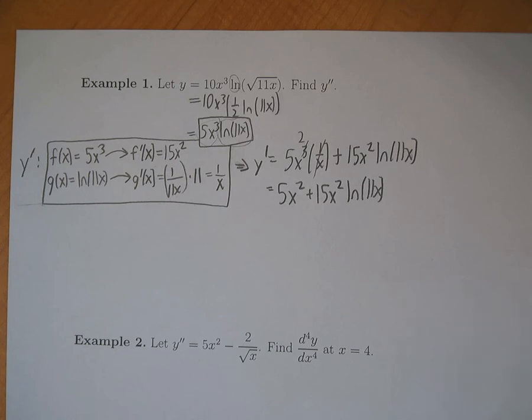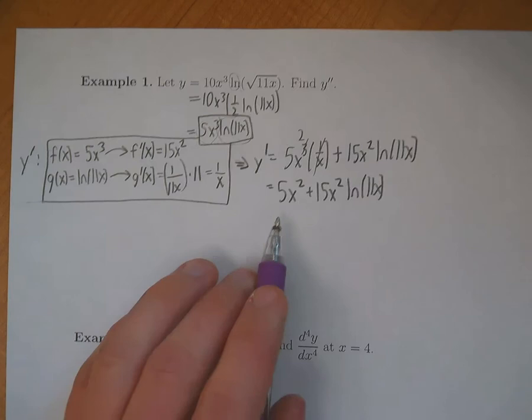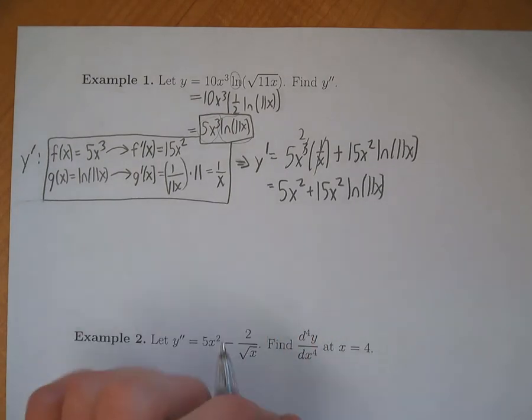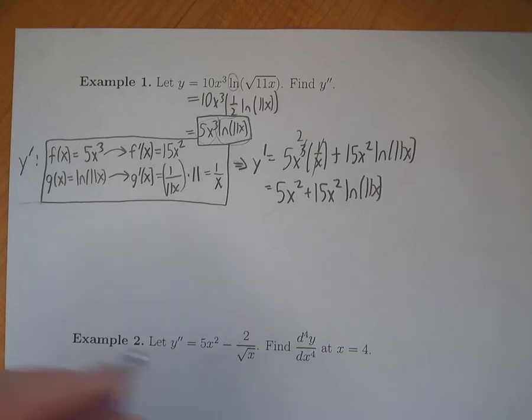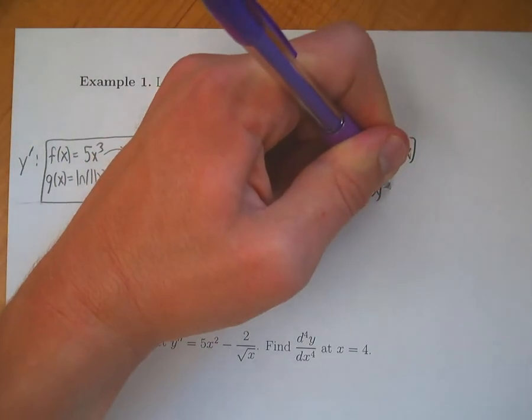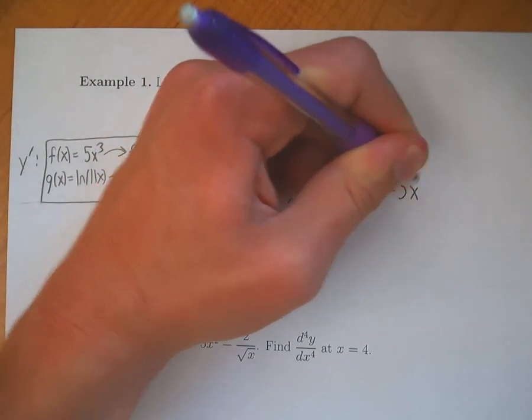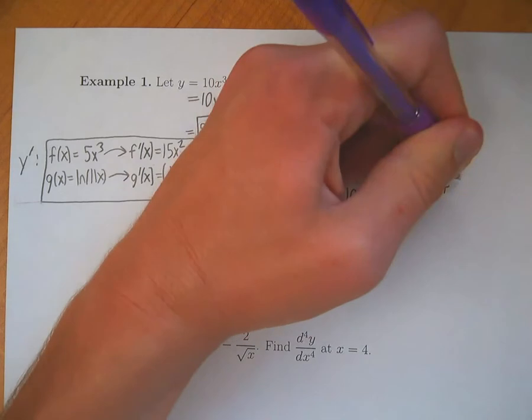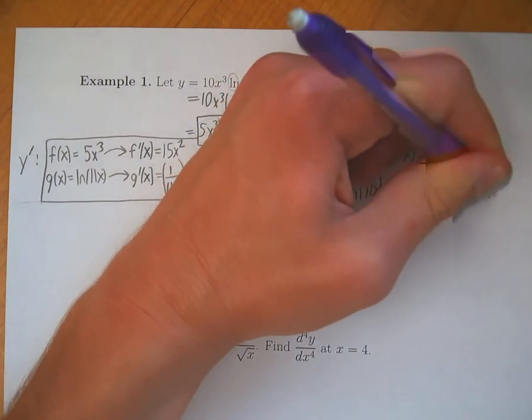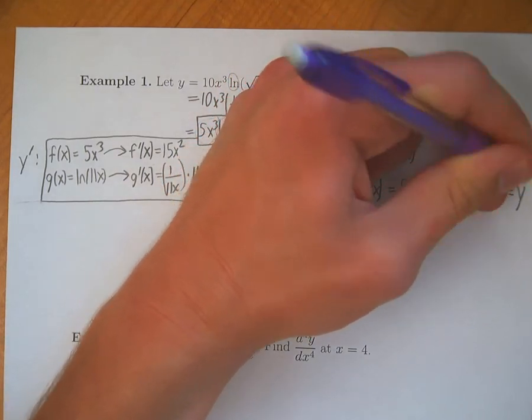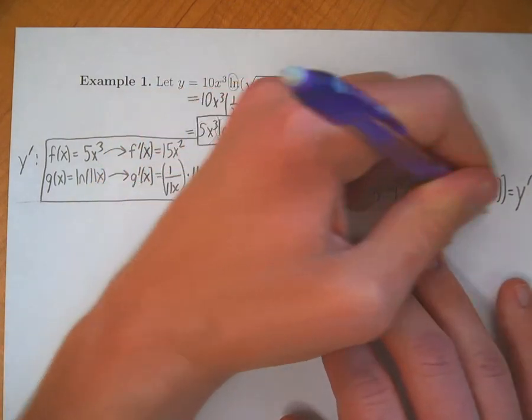What do these two terms have in common? Yep. If we factor out 5x squared, we can rewrite this as 1 plus 3 times natural log of 11x. So this would be our first derivative.